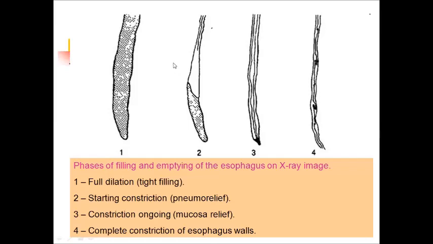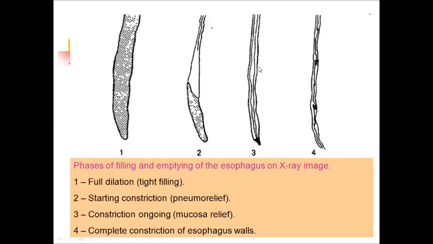Then constriction starts, and in this phase, in starting constriction, we may evaluate primary relief in the upper part of the esophagus, and in the lower part barium contrast is still present.